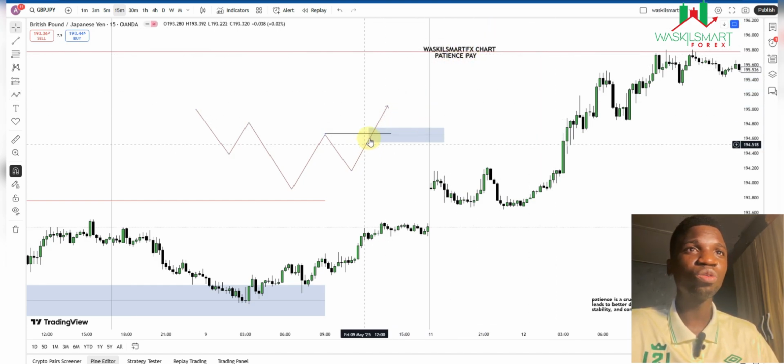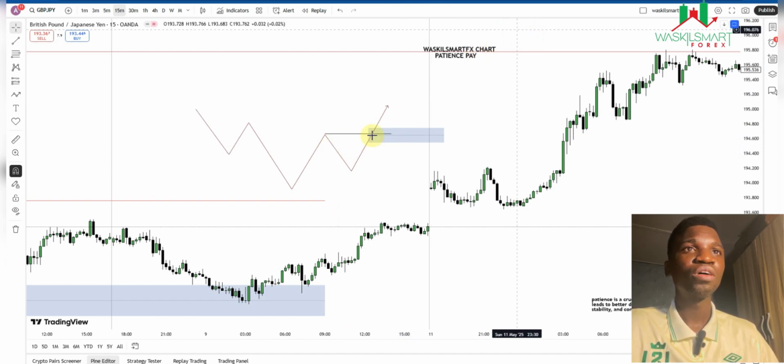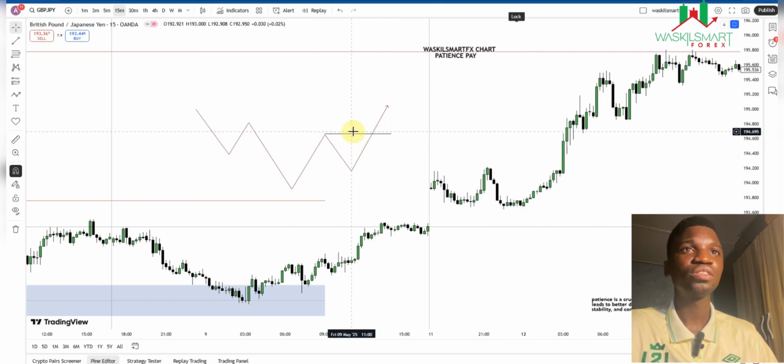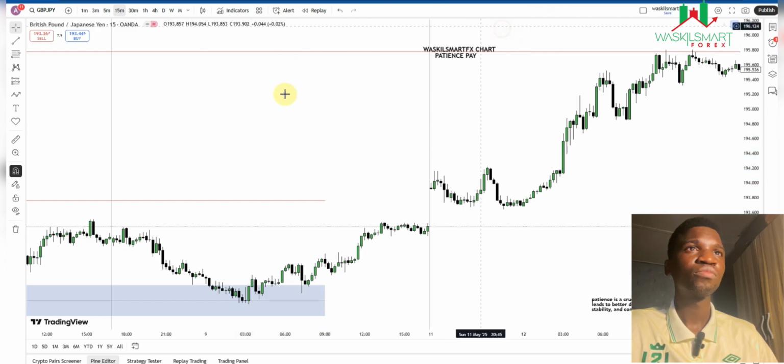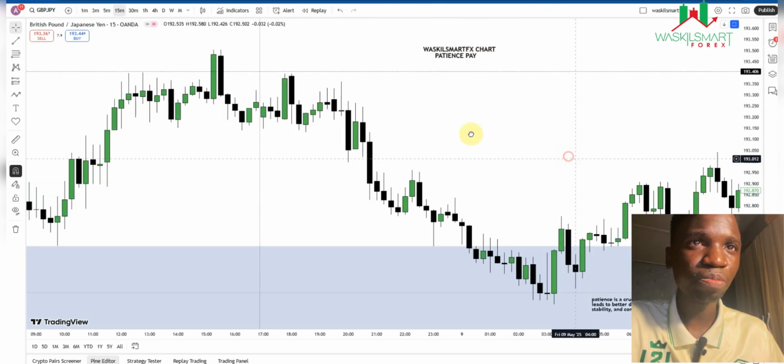Let's go and look at the entry. Let me draw this. Okay, we are looking out for the entry pattern here.